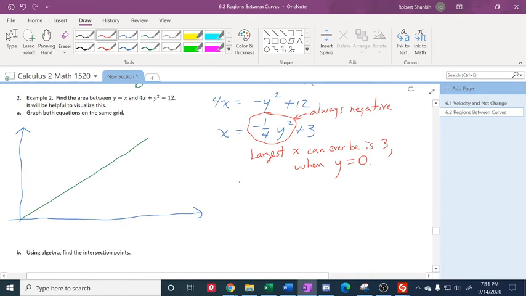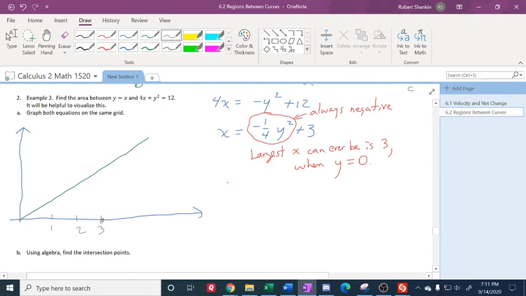Okay? So that tells me that when y is 0, x is 3. Let's go over here. X is 3. 1, 2, 3. That's 1 point on this.